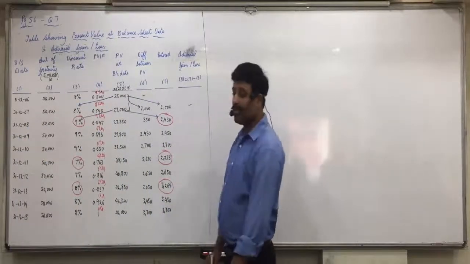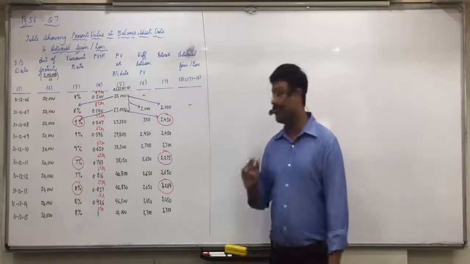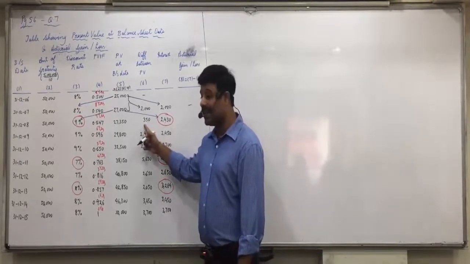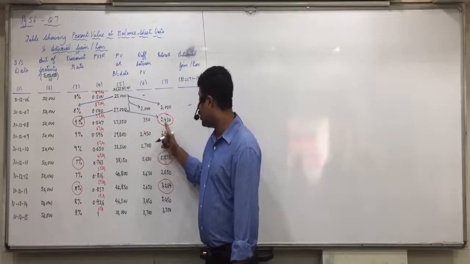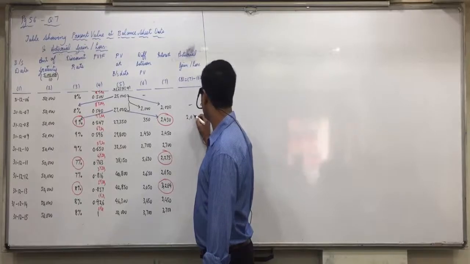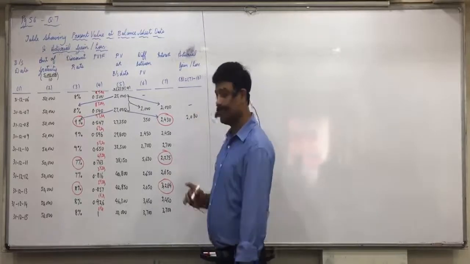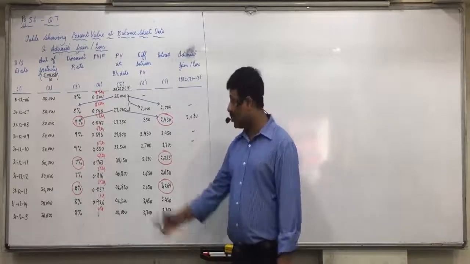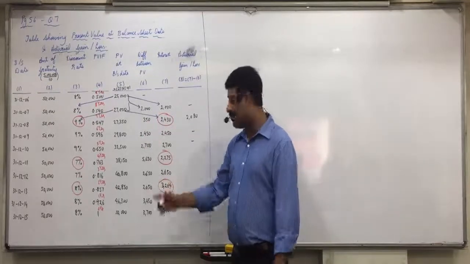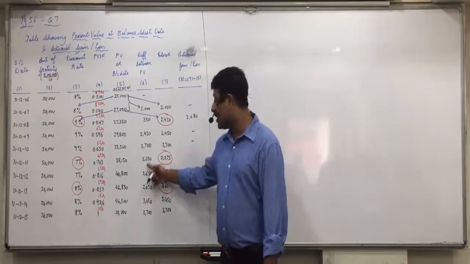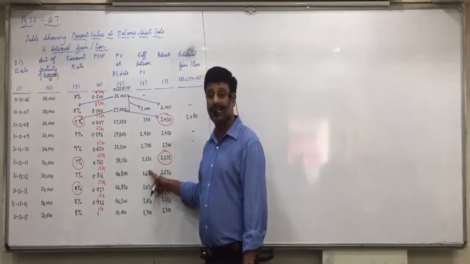Here no gain or loss because the rate remains same. Here you get 2430, you expected 2,350, so there is a gain. 2430 minus 2,350, 80 is actuarial gain. Here no gain or loss because rate of interest also remains same. Here you receive 2275, but you expected 5650, here it's a loss.